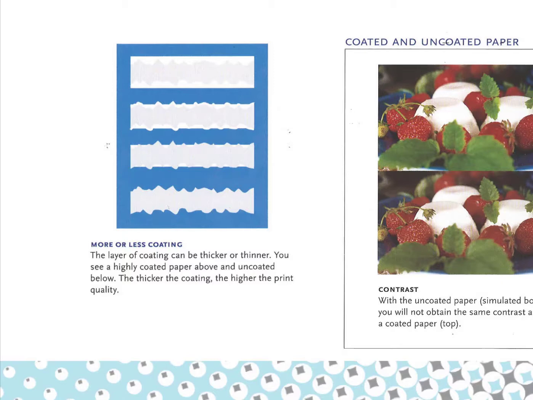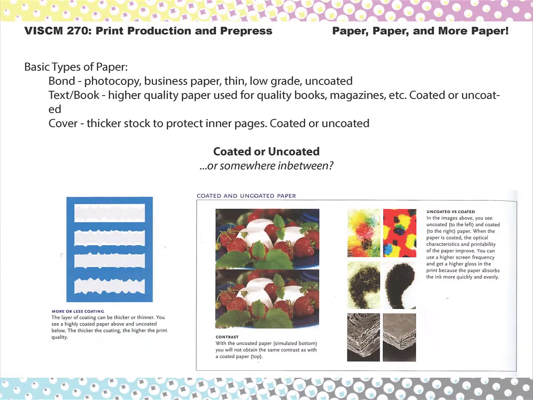So uncoated to something a little less coated might create a satiny paper, compared to a fully coated glossy paper at the top of that diagram. Some of the differences between glossy, coated and uncoated papers is how the ink lands on the paper.